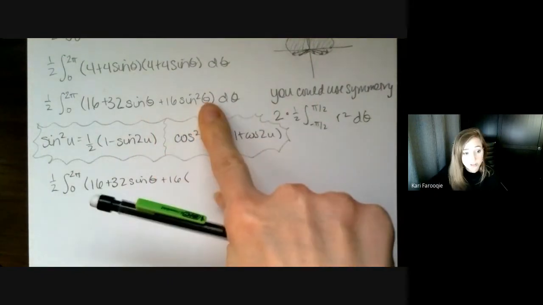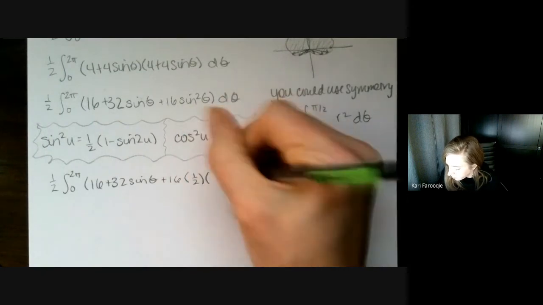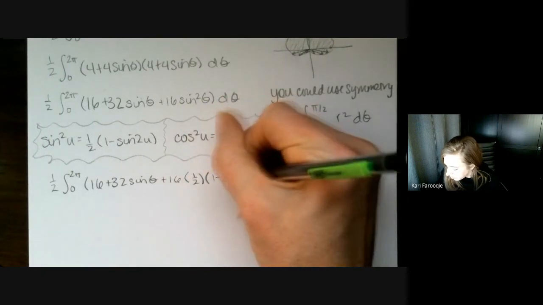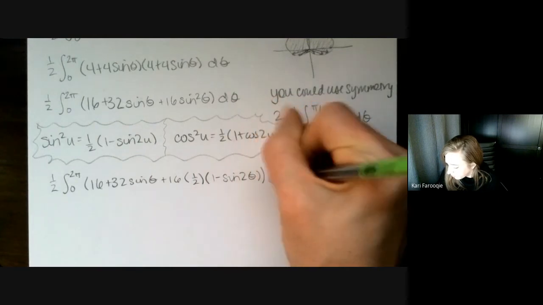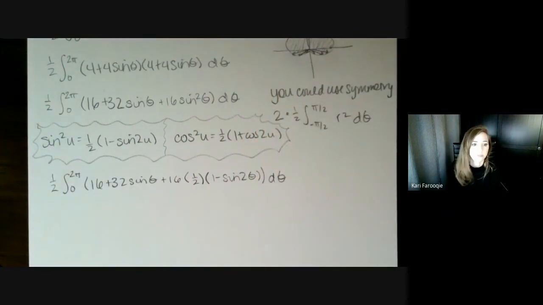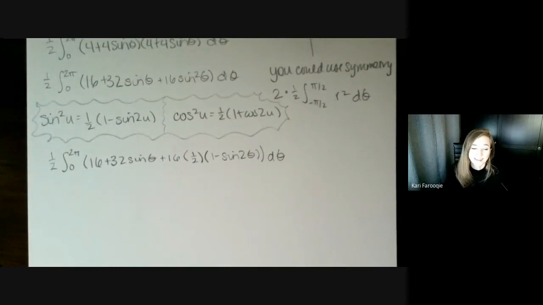So I'm going to take my sine squared theta and switch that into 1/2 times 1 minus the sine of 2 theta. And then I'm going to simplify again before I integrate.